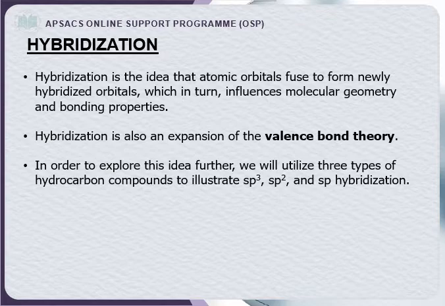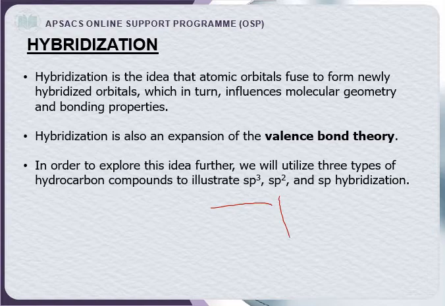Now there are three types of hybridization depending upon the number of the atomic orbitals mixed. You can have sp3 type, as the name is indicating: one s orbital and three p orbitals will overlap to produce the sp3 hybrid orbitals.